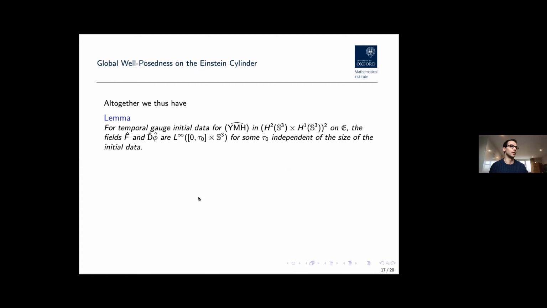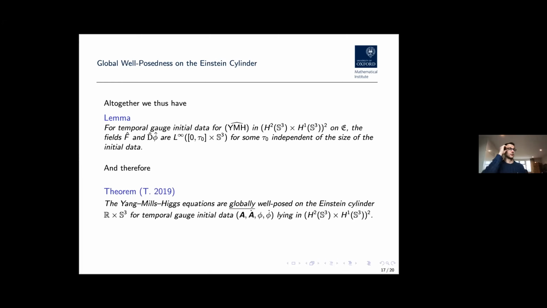So if you patch a number of these around the cylinder, as already mentioned, you end up with these L-infinity estimates on a slab of the Einstein cylinder, where the height of that slab is independent of the size of the initial data, and really only depends on the number of these patches that we choose to patch together.